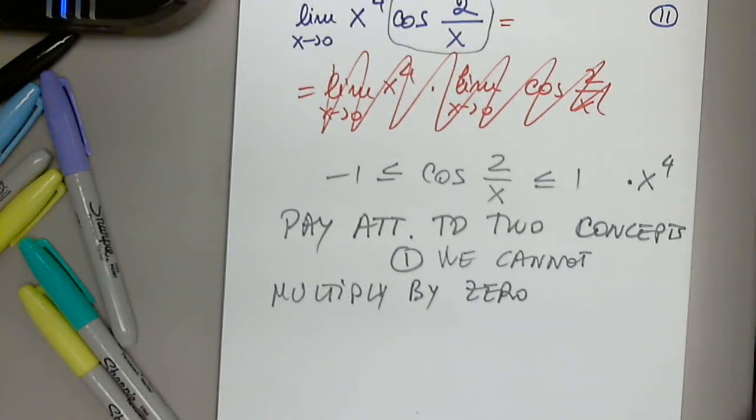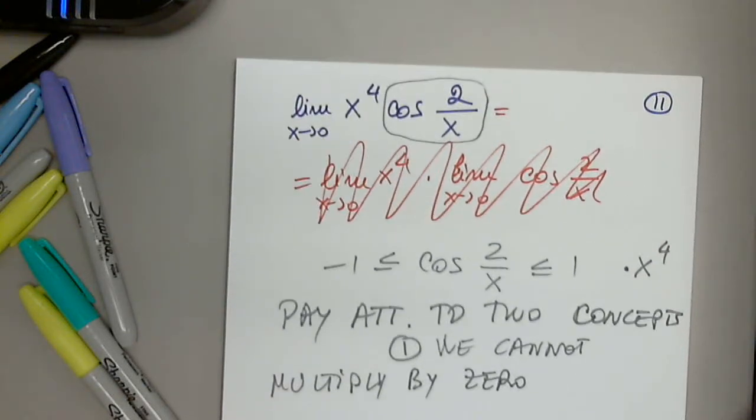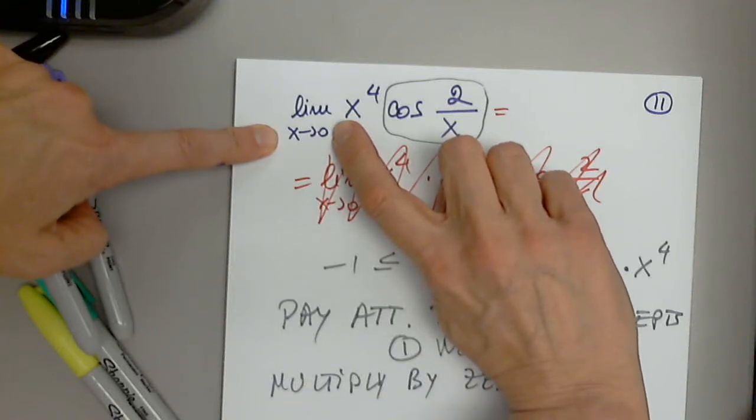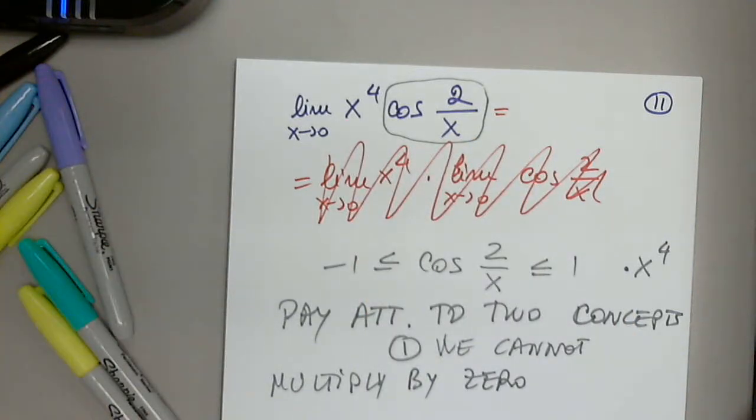So I have to make sure that x to the fourth is never 0. But I know it's never 0. How do I know? Because this specifically says x approaches 0, so x is never 0. So the first condition is fulfilled. I can multiply all three sides by x to the fourth because x to the fourth is not 0.